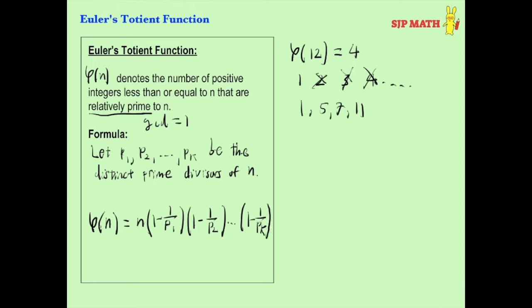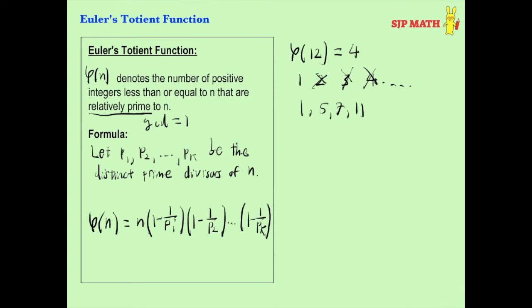It's a pretty neat formula. You just have to find the prime divisors of n, which is pretty easy, and then you just multiply these numbers together. If you're wondering about the proof, we're not going to discuss it in this video because it requires some more advanced techniques, but that will be covered in another video in the near future. For now we just have to know the formula.